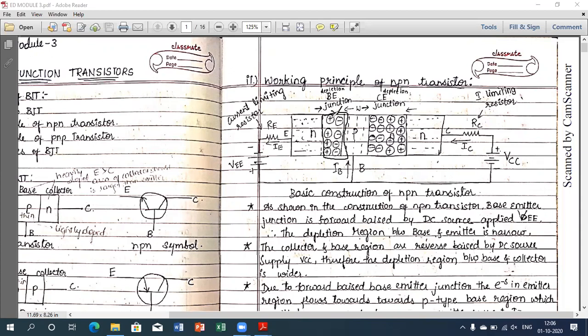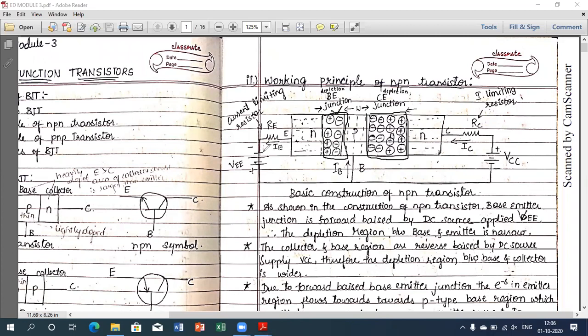That's why only two immovable ions are shown here, one positive and one negative. Whereas the collector to base junction is reverse biased, so the depletion layer there is large.